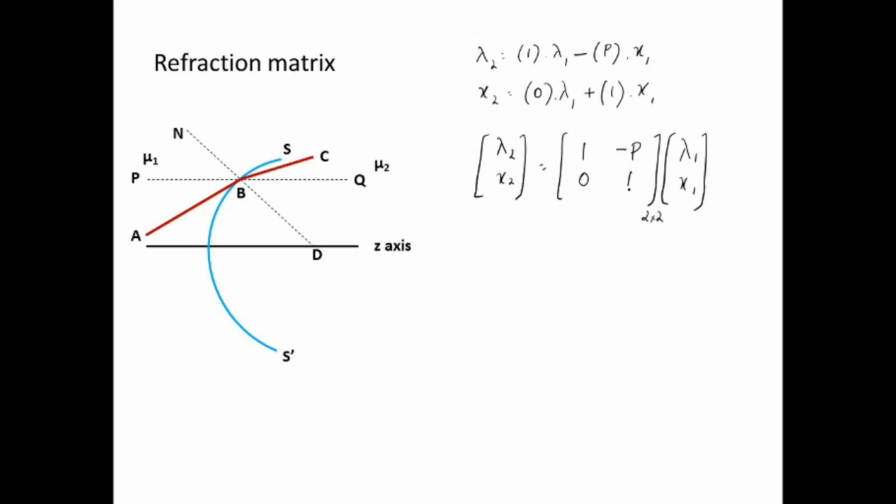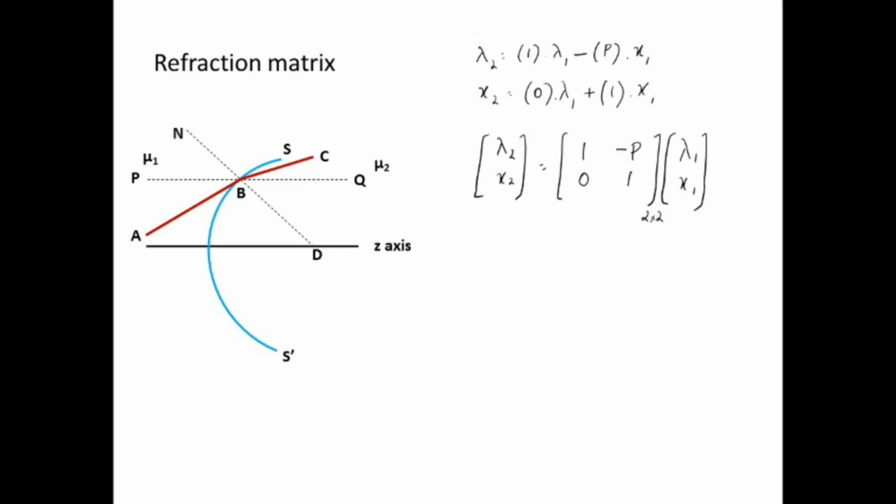So we get a 2 by 2 matrix of the form 1, minus p, 0, 1. And this is the refraction matrix, where p represents the power of the refracting surface. It is mathematically given by mu2 minus mu1 by r, where mu1 is the refractive index of the first medium, mu2 is the refractive index of the second medium, and r is the radius of curvature of the spherical surface.